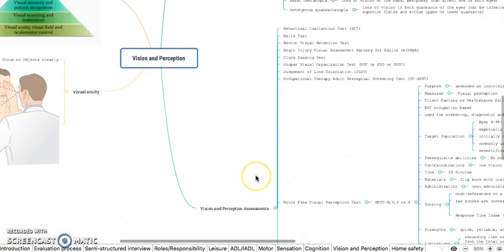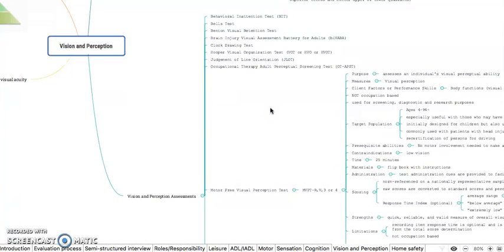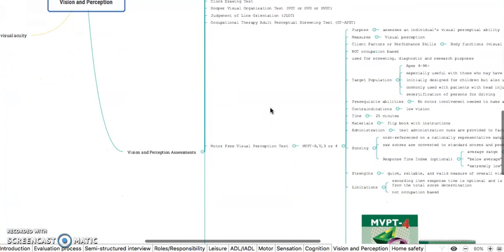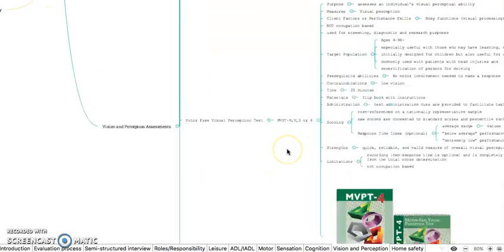And then some of the assessments used are the Behavioral Inattention Test, Bell's Test, Benton Visual Retention Test, Brain Injury Visual Assessment Battery for Adults, Clock Drawing Test, Hooper Visual Organization Test, Judgment of Line Orientation, Occupational Therapy Adult Perceptual Screening. And one of the ones we discussed in class was the MVPT, Motor-Free Visual Perception Test.